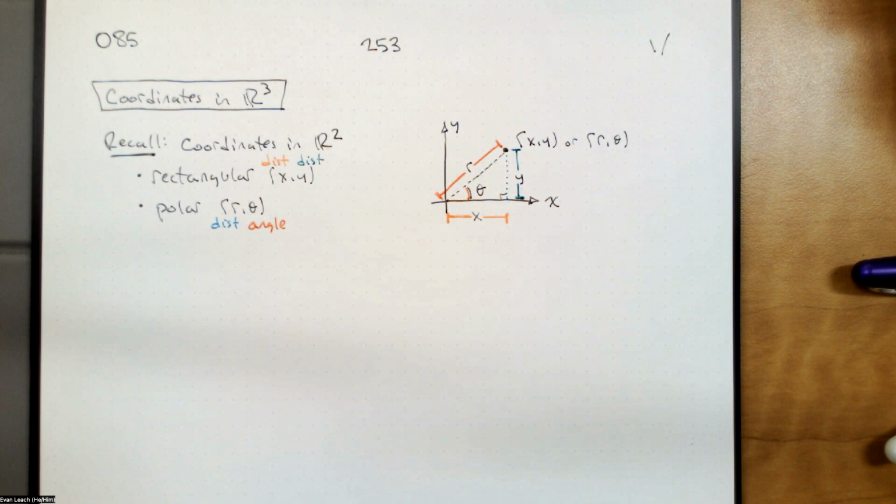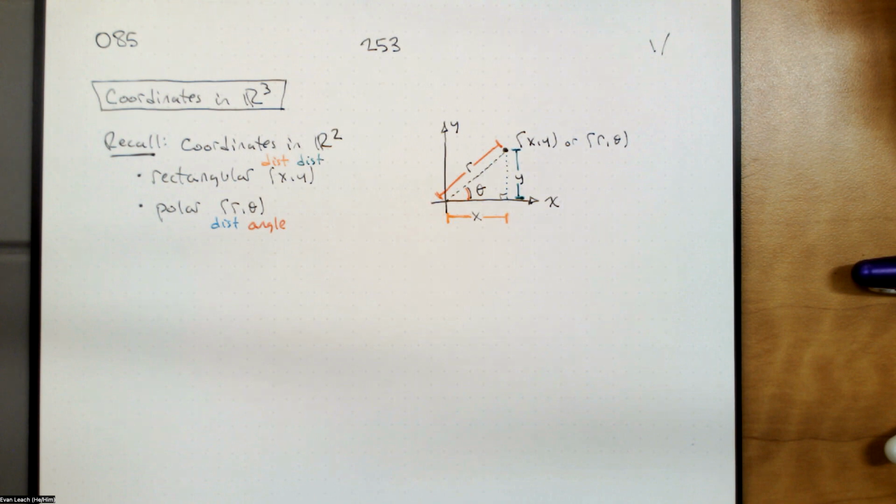This exhausts our possibilities. We can't describe a unique location with two angles. We need some kind of distance to show up. So we have two distances, or a distance and an angle. Every other description of R2, those different bases you found in linear algebra that weren't the standard basis, are variations of rectangular coordinates.